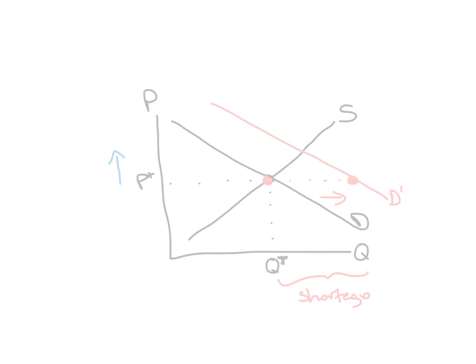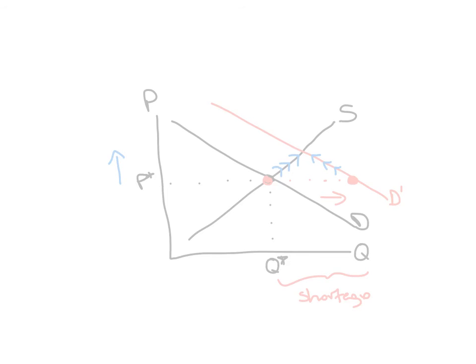As the price increases, some consumers will decide to buy fewer of them. And so we'll see a movement to the left along the new demand curve. On the other side of the market, on the production side, producers will increase their production in response to rising prices that they can sell their eggs for.